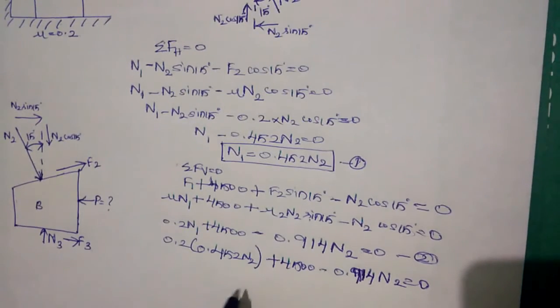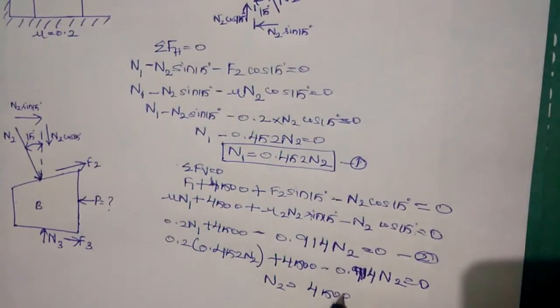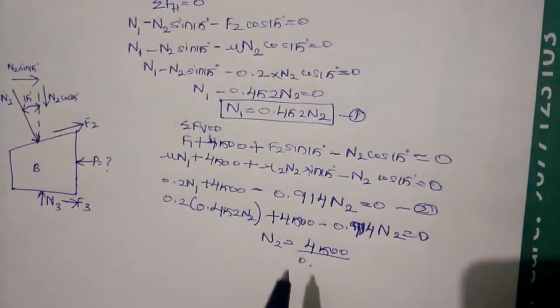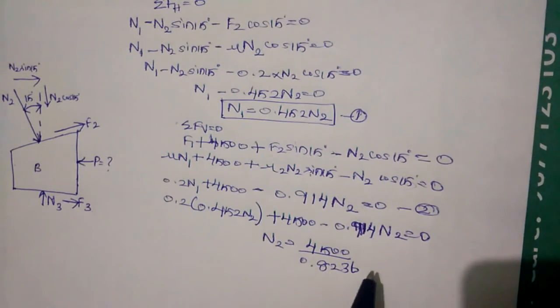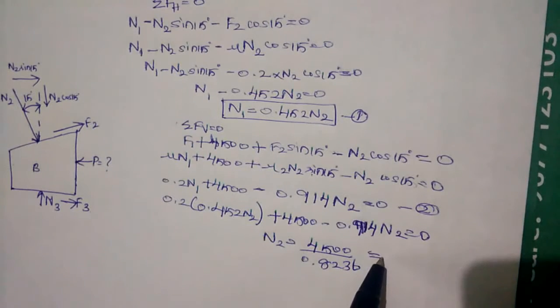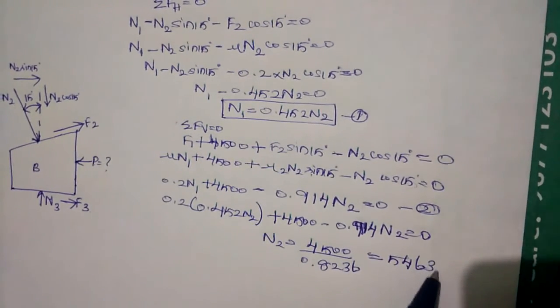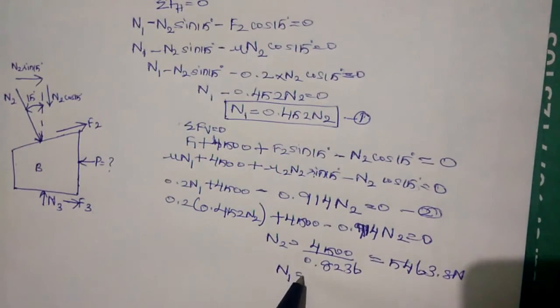Now solving this equation gives N2 is equal to 4500 by 0.8236, therefore N2 is equal to 5463.8 Newton.